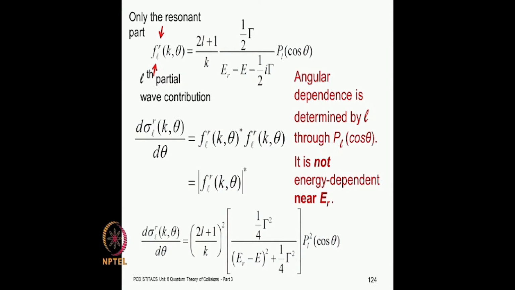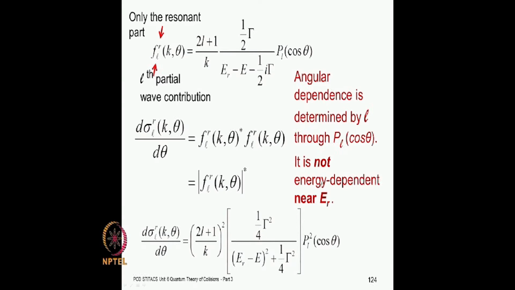And then if you are very close to resonance, when ER and E are almost equal, this term will also vanish, and then you have 1/4 gamma square divided by 1/4 gamma square, and the energy dependence is also lost, because all the energy dependence was coming from here.